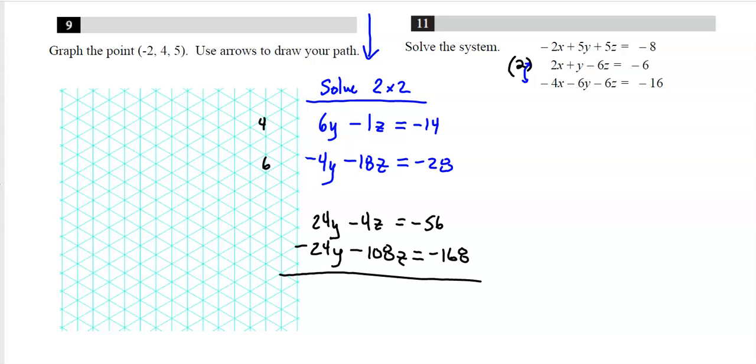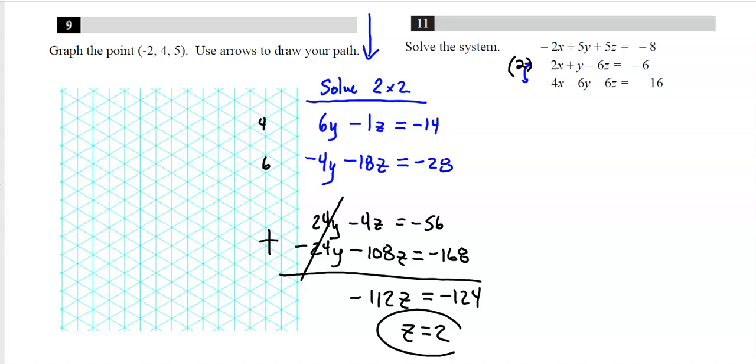Hate dealing with bigger numbers like that. Add them up. Finally, I'm down to just z's. Negative 112z. And that's going to be a negative 224. Divide. And holy smokes, I get z equals 2.